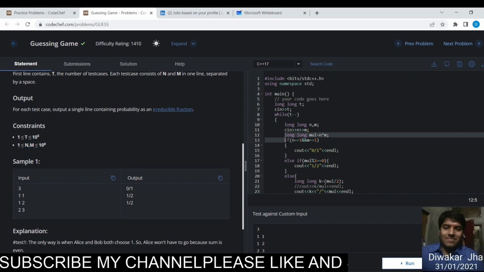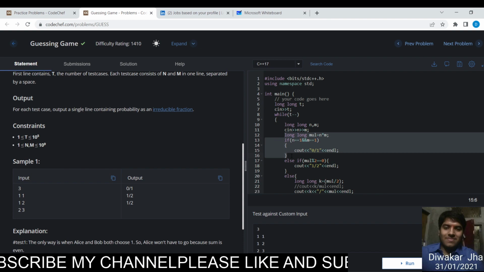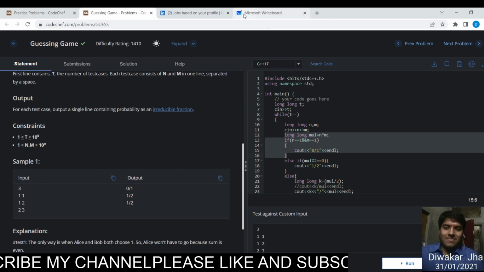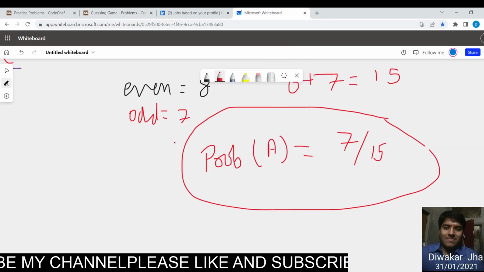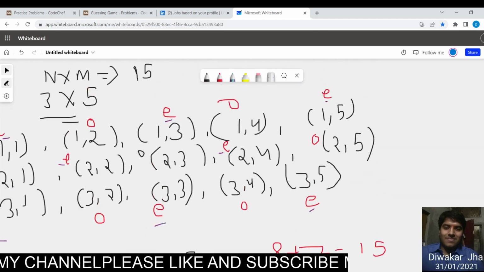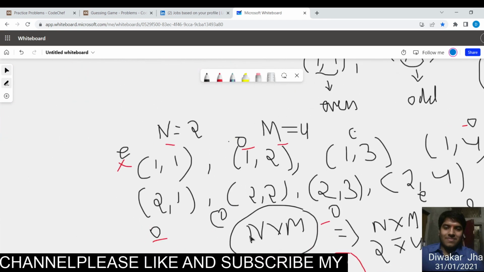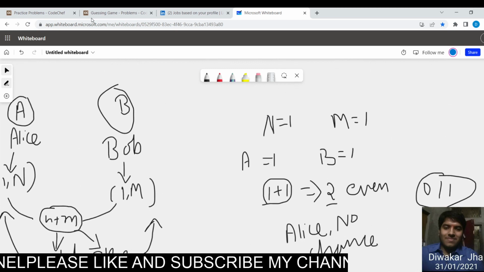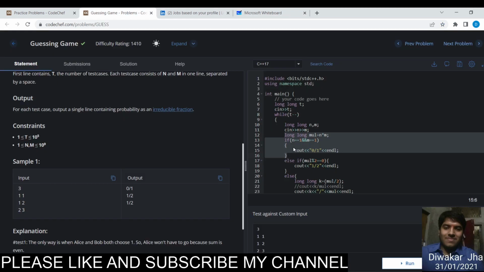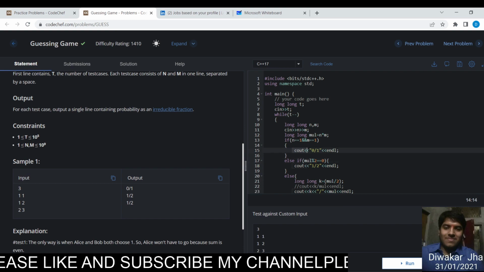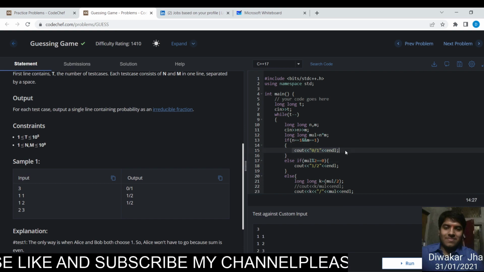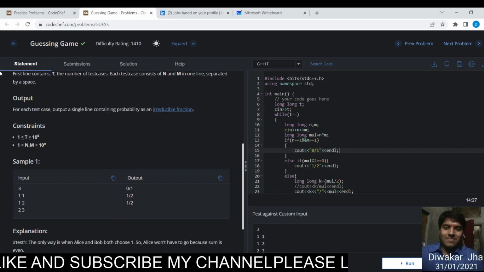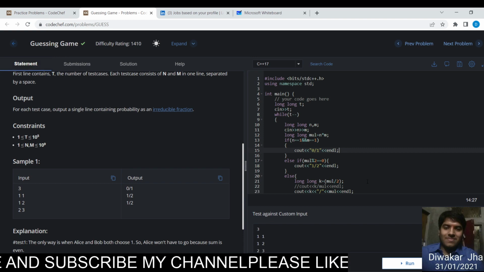Now again we will check the base case. When both n and m are 1, then Alice will not pick the water; there is no chance.